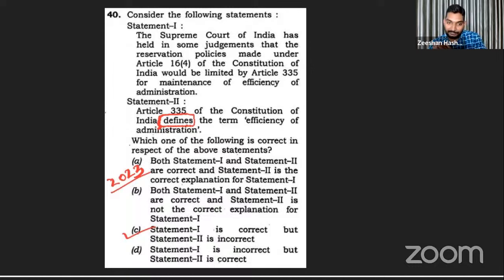Let me repeat myself. If the statement says that the Constitution of India or Article XYZ of the Constitution of India defines XYZ, then that statement is more likely to be wrong. Now in 2023, again that was true. Here, statement 2 is wrong because of that structure being followed by UPSC.